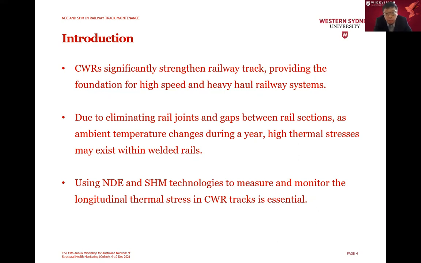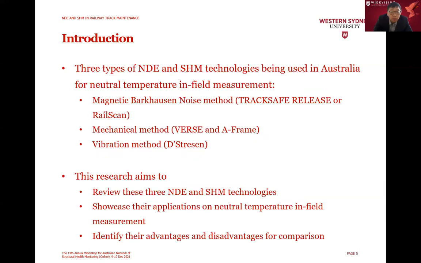We use NDE and SHM technologies to measure and monitor the longitudinal thermal stress. For the three types of NDE and SHM technologies being used in Australia, we do not measure the thermal stress directly, but actually measure the neutral temperature of the rail, as an on-site measurement.